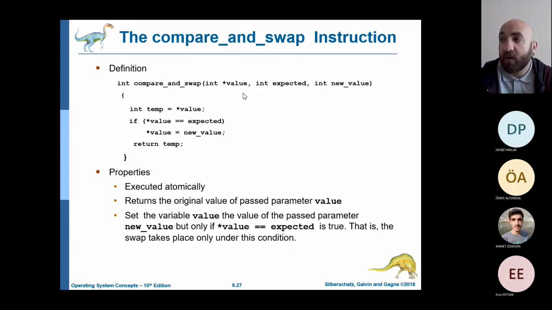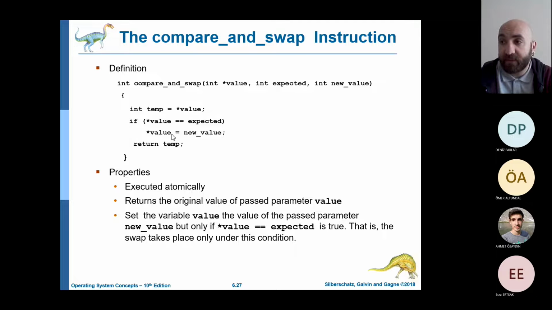We have operands 1, 2, and 3. The operand value is set to new value. We have value and new value. We are going to set value as new value. Regardless, the compare and swap always returns the original value of the variable value.